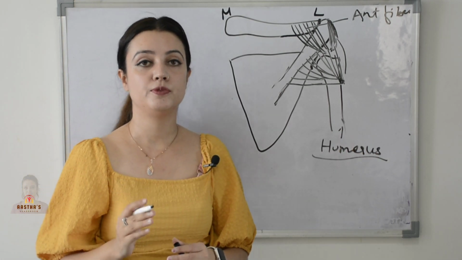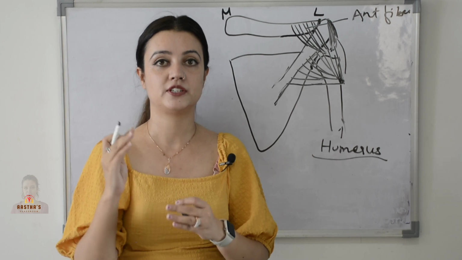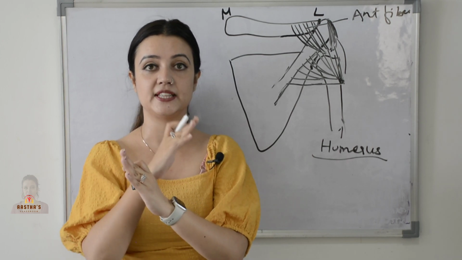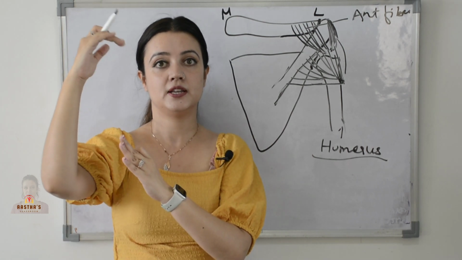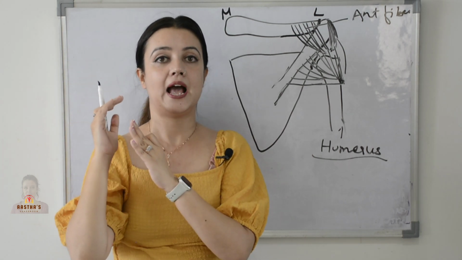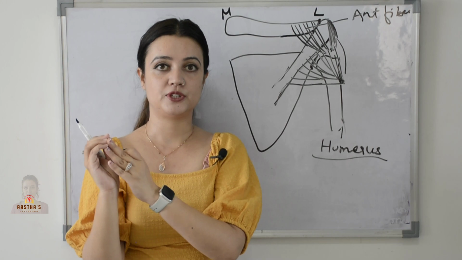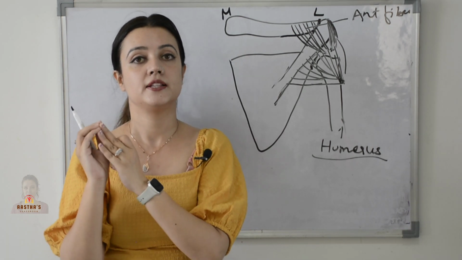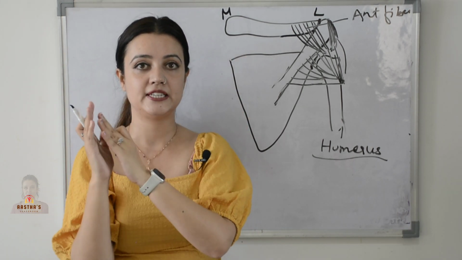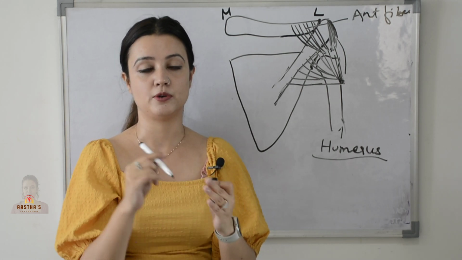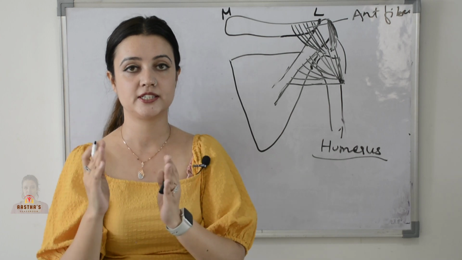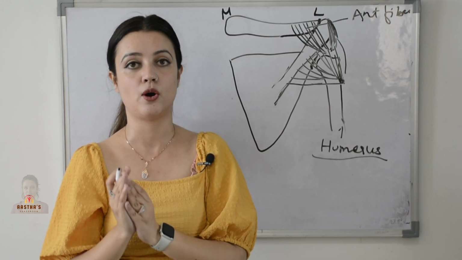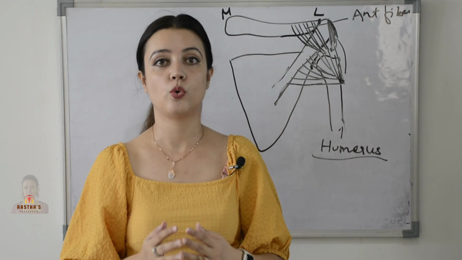In the shaft of the humerus, we have a deltoid tuberosity which is present in the lateral part, just right below the greater tubercle. As the name itself suggests, the entire bulk of anterior, middle and posterior fiber, which is coming from the clavicle and scapula, gets inserted in the deltoid tuberosity of humerus. Now let's see the course of the muscle.